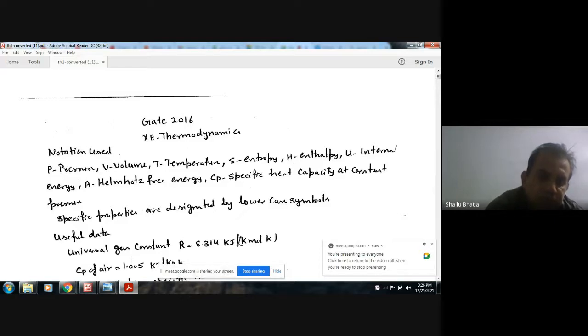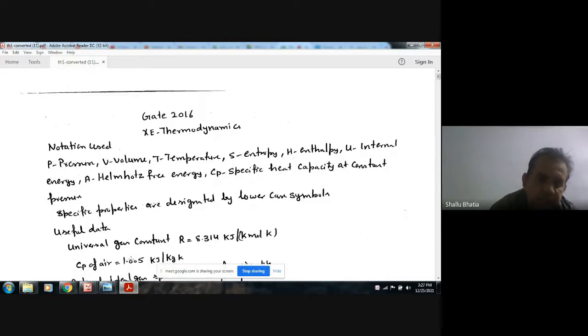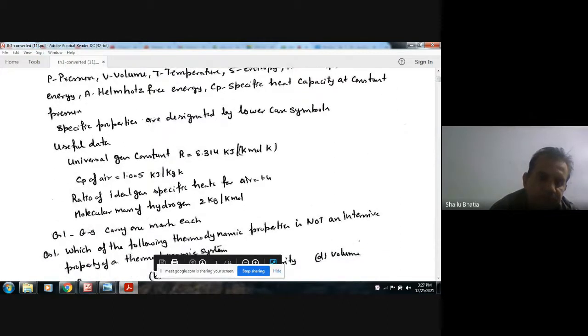Notation used: P pressure, V volume, T temperature, S entropy, H enthalpy, U internal energy, A Helmholtz free energy, Cp specific heat capacity at constant pressure. Specific properties are designated by the lowercase symbol. Useful data: universal gas constant R is equal to 8.314 kilojoule per kilomole per degree Kelvin.